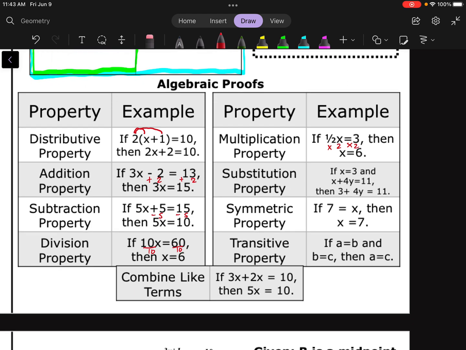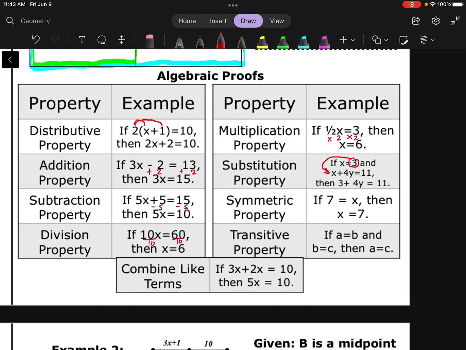Substitution property, this one's kind of tricky a little bit. If x equals 3 and x plus 4y equals 11, then 3 plus 4y equals 11. What we did there was we took 3 and we substituted it in for x, right? Since x is equal to 3 according to that first statement, we can substitute it in.